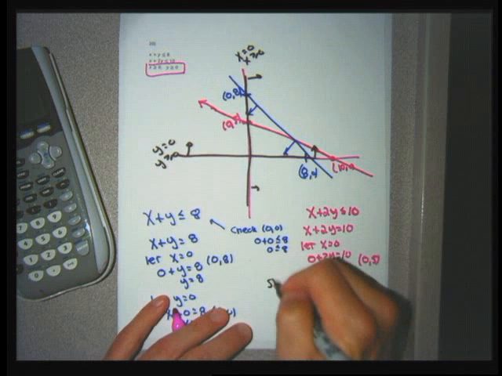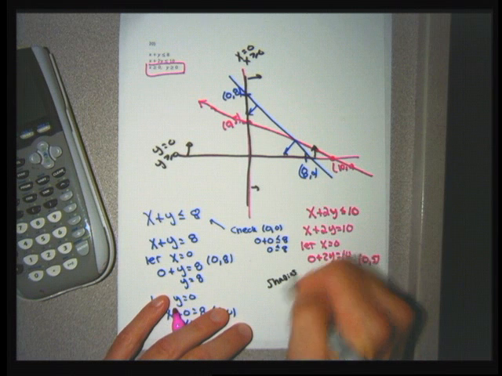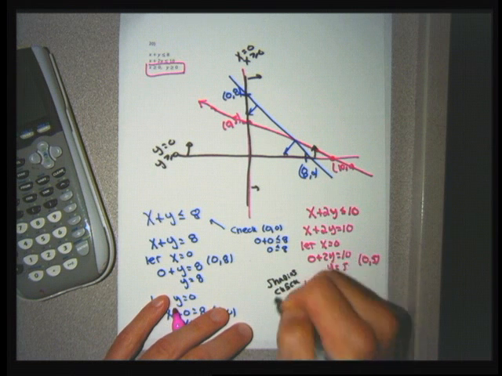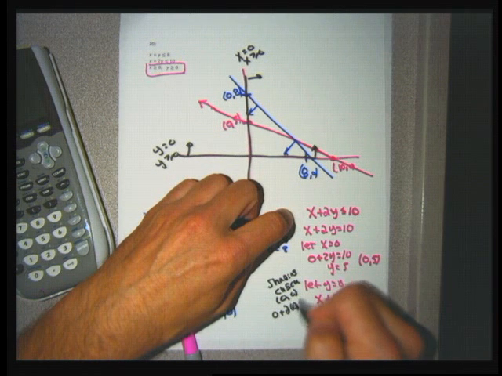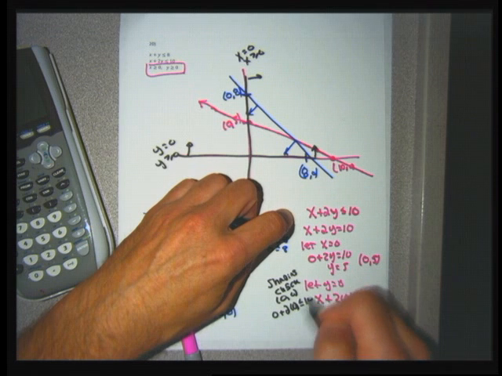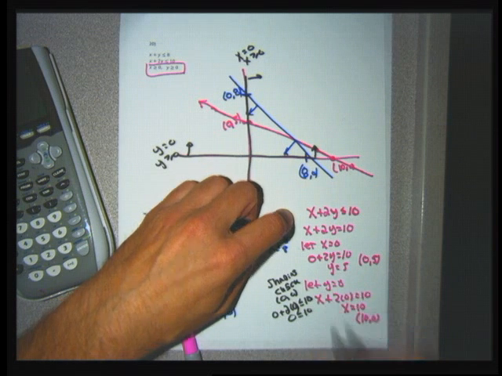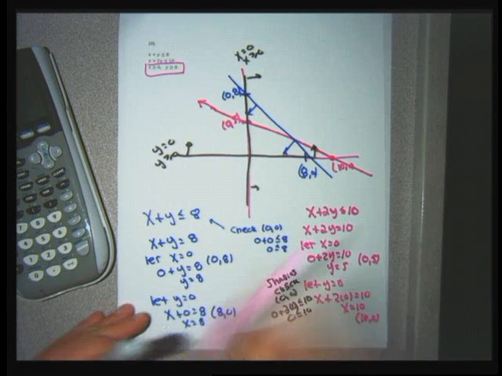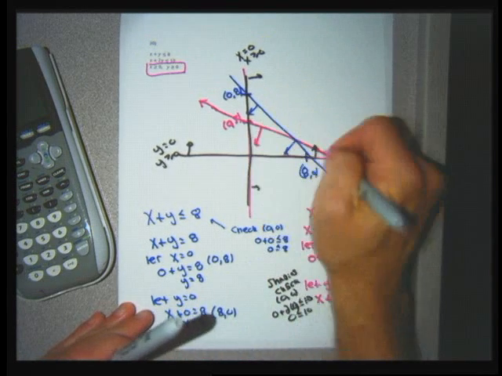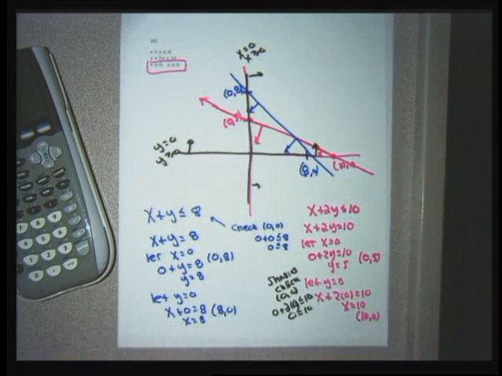I get 0 plus 2 times 0 is less than or equal to 10. This gives me 0 is less than or equal to 10. So this shading needs to go in the direction of (0, 0). So this shading needs to stay in the first quadrant and go in the direction of (0, 0).